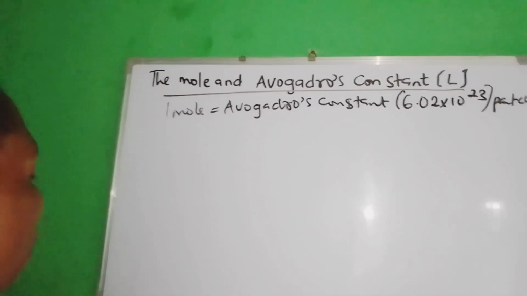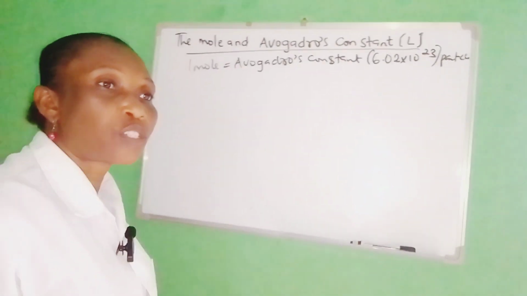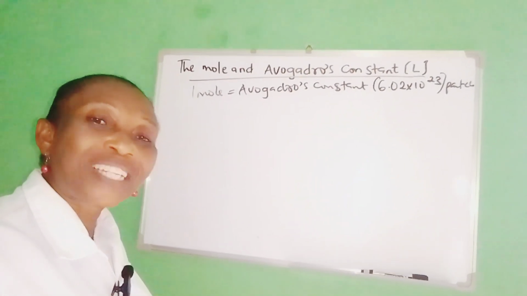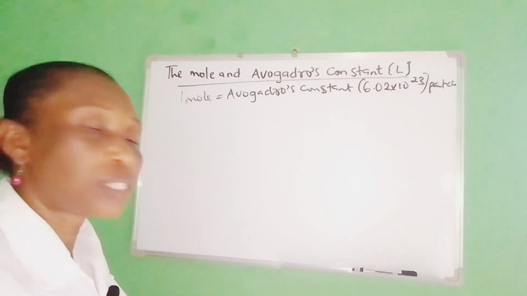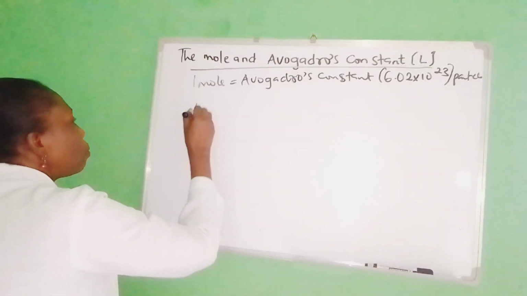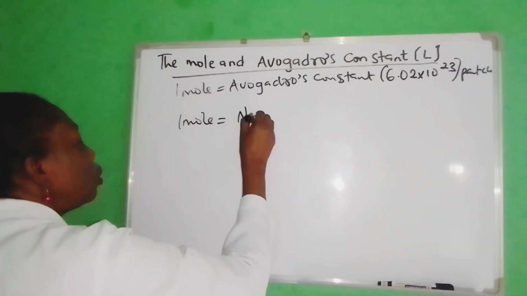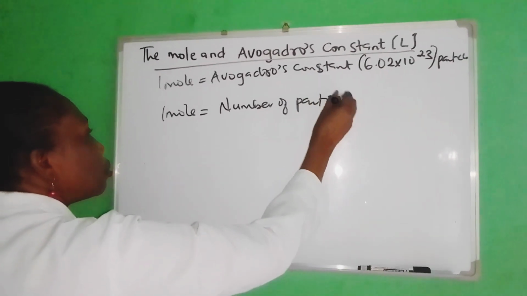So what is the relationship between 1 mole of a substance, the number of particles in that 1 mole of a substance, and the Avogadro's constant? So we now have 1 mole is equivalent to the number of particles.